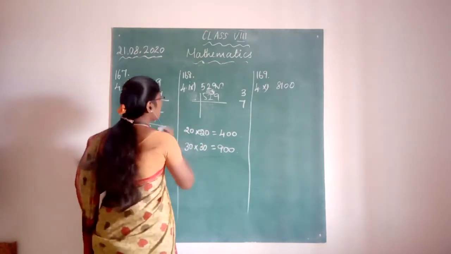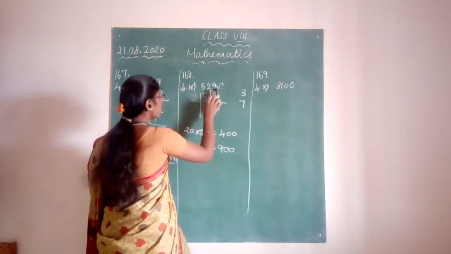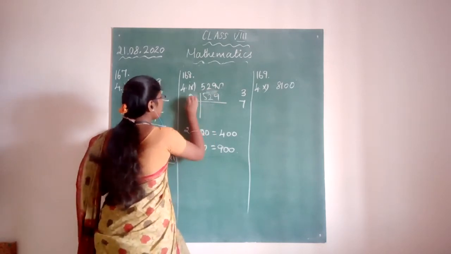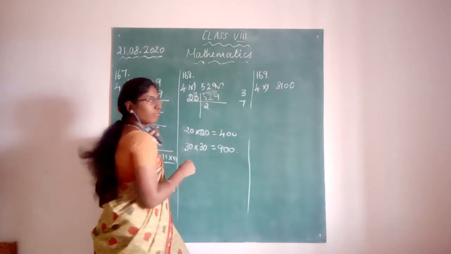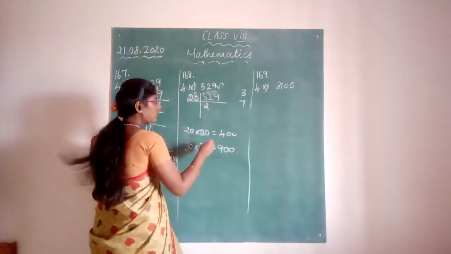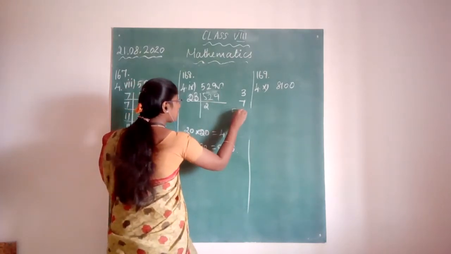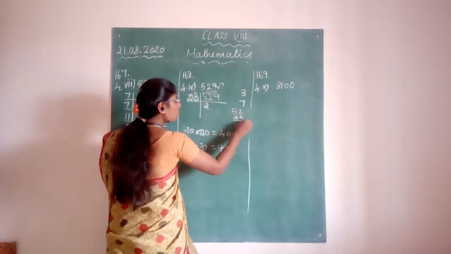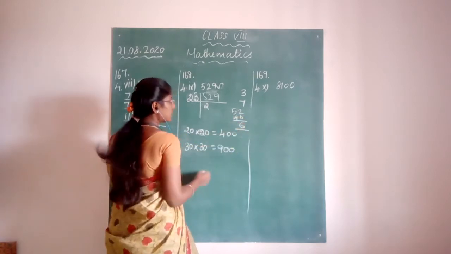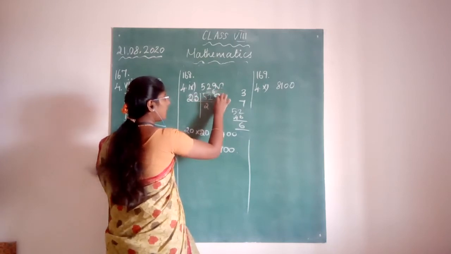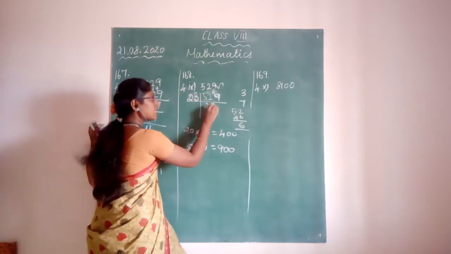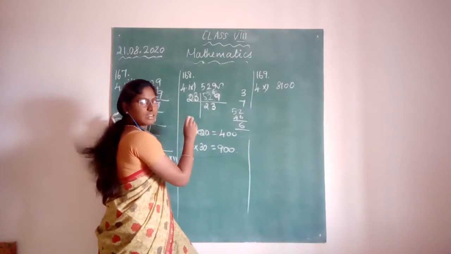Okay, so now check it with 23 first. 23 twos are 46. If you subtract 46 from 52, what will you get? You will get 6. 69 you will get. 23 threes are 69, right?